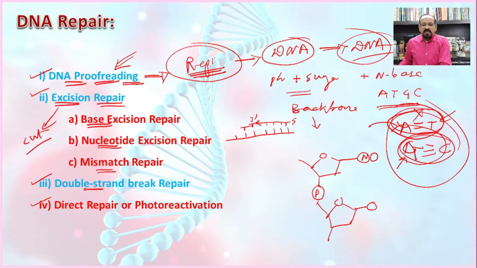Then there are single strand and double strand breaks, which are also repaired. And the most common method is direct repair: when there is ultraviolet damage to the DNA molecule, it is restored by visible light, and that is known as photoreactivation.